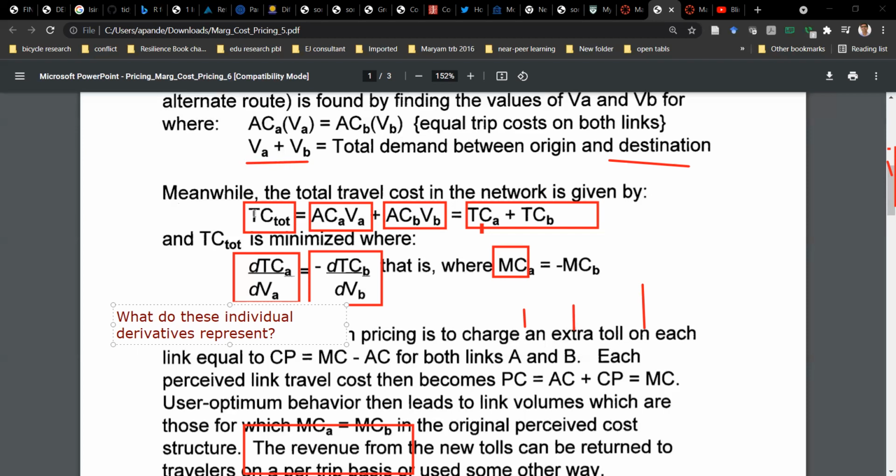Does that statement make sense to you? I want not the average cost on both routes to be equal. I want marginal cost on both routes to be equal. Does that statement make sense to you? Any questions about this?